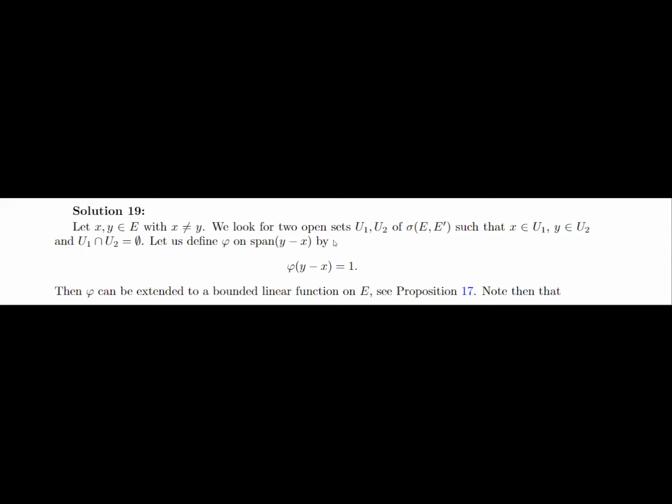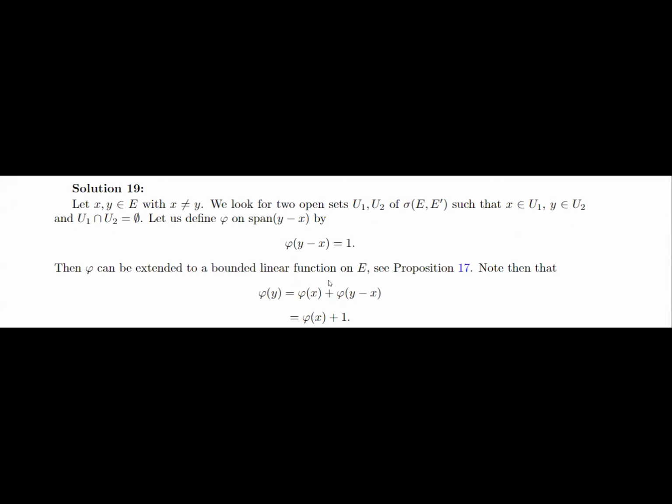So what's the interesting fact here now is that y and x are in E, so phi of y is defined and phi of x is defined, but phi is linear.